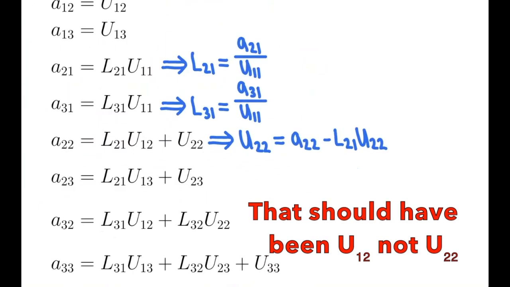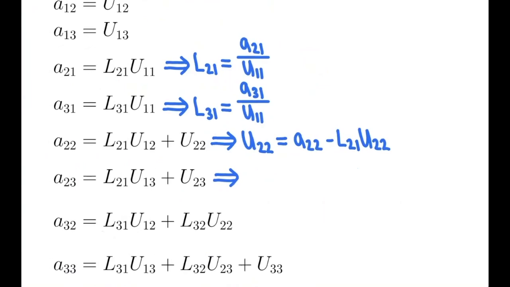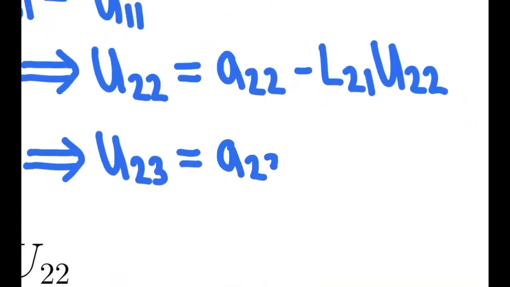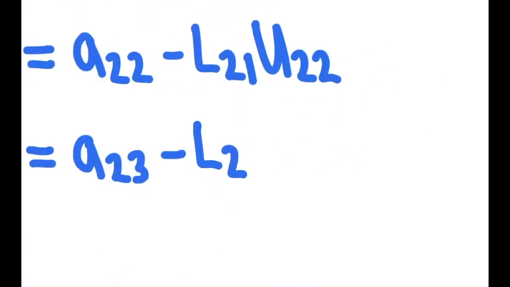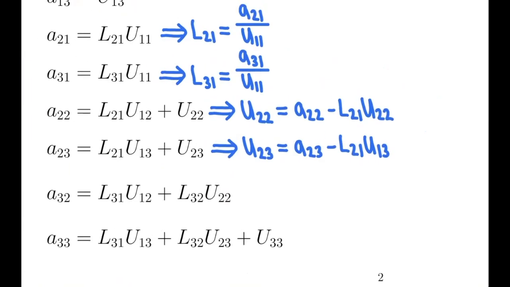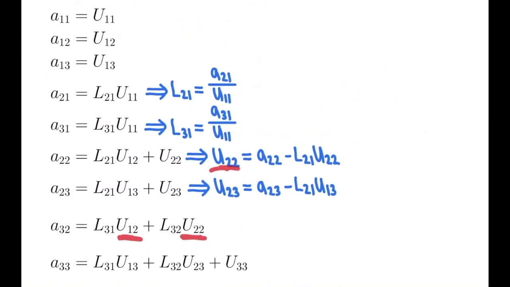All right. And for the next one, we don't know U23. So same thing, I'm going to subtract. U23 equals A23 minus L21 times U13. All right. And we now know U22 from here. We know U12 from here.